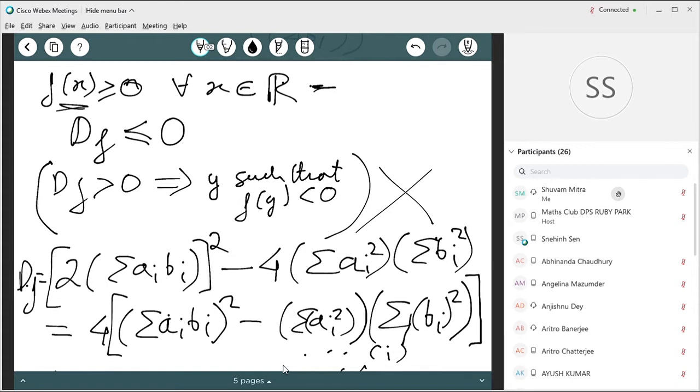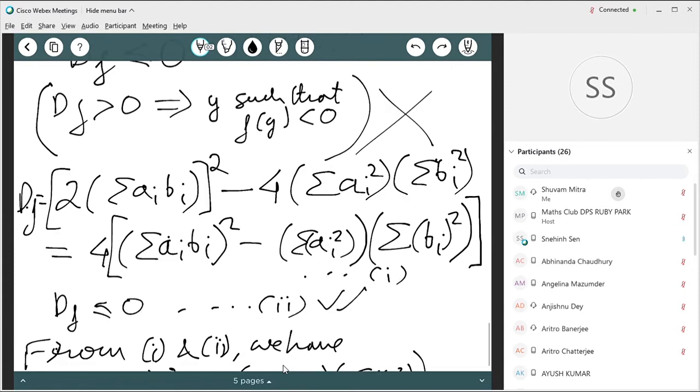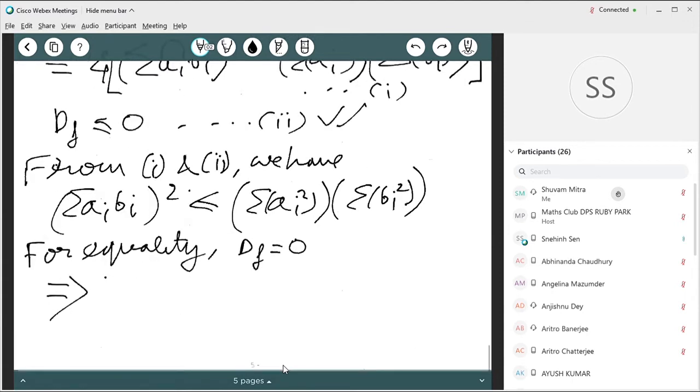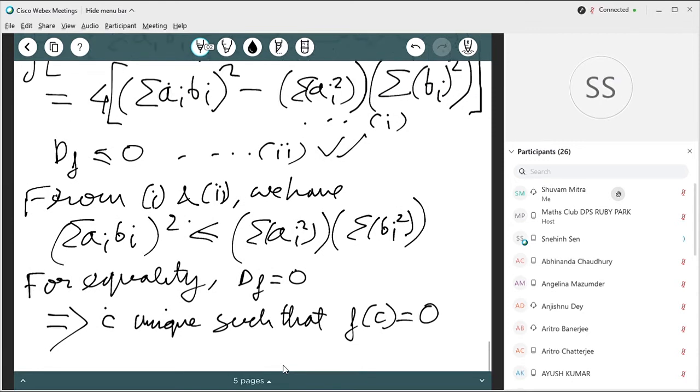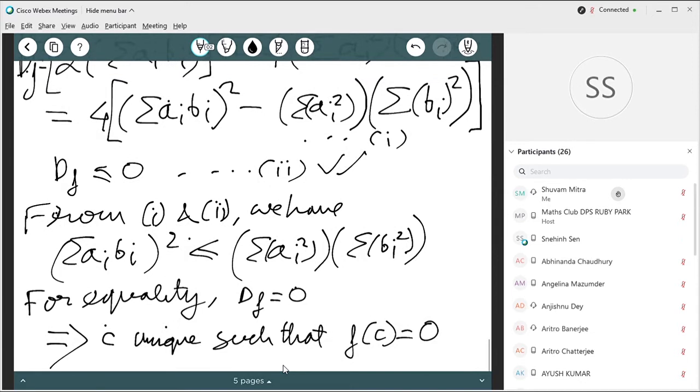But f(c) equal to 0 would imply one thing. From our first form of f(x), I hope you remember, it would say that (ai c minus bi) whole square is equal to 0 for all i belonging to the set 1 to n.